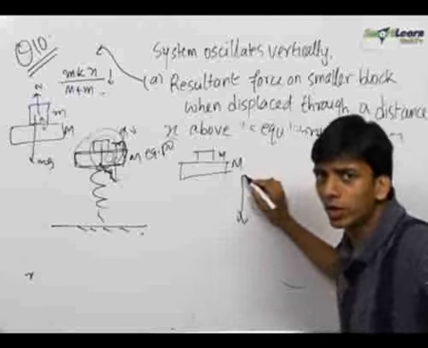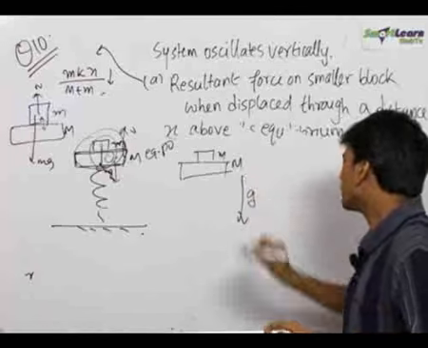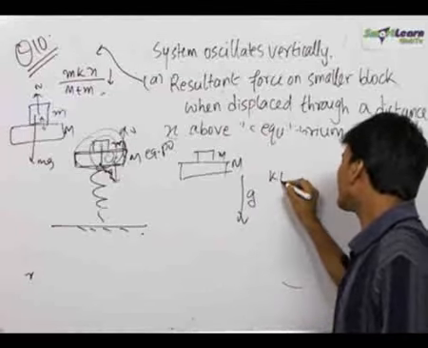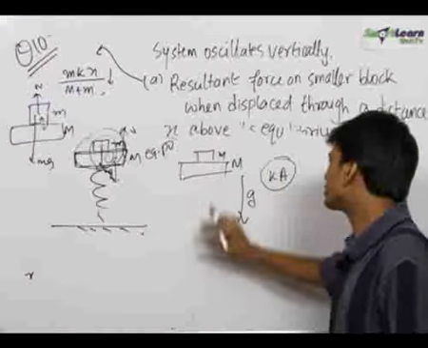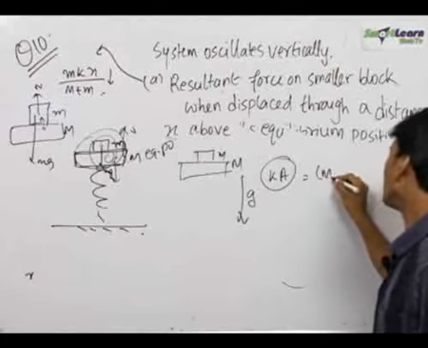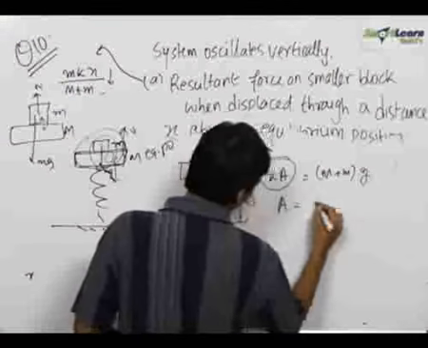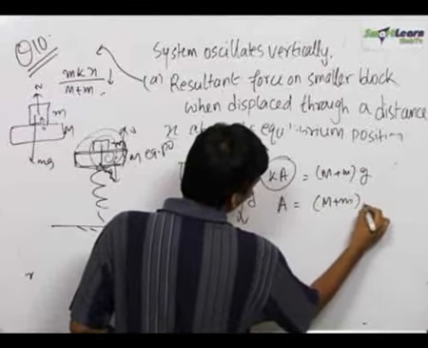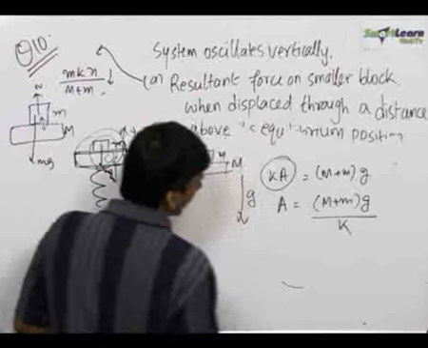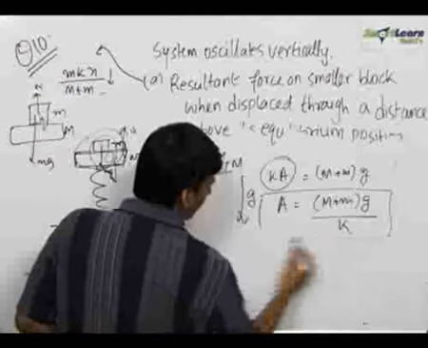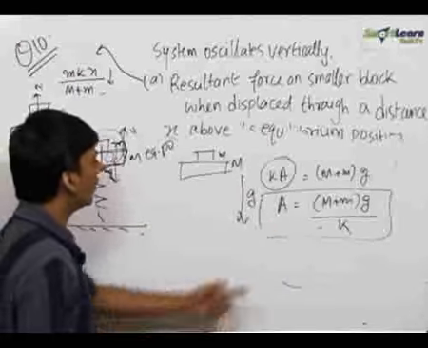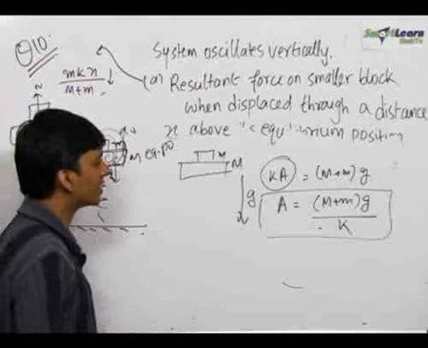Therefore, at that point, if we equate the acceleration to g, then our work will be done. Therefore, we write k into A, the net force at the extreme position, is equal to (m plus m) into g. We get the answer for the maximum amplitude to be (m plus m) into g by k. So, this is the maximum possible amplitude with which the two blocks may remain together and execute SHM.